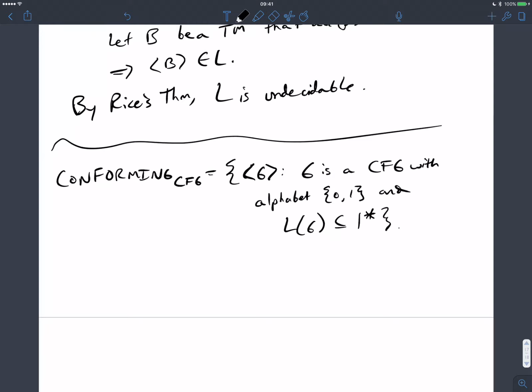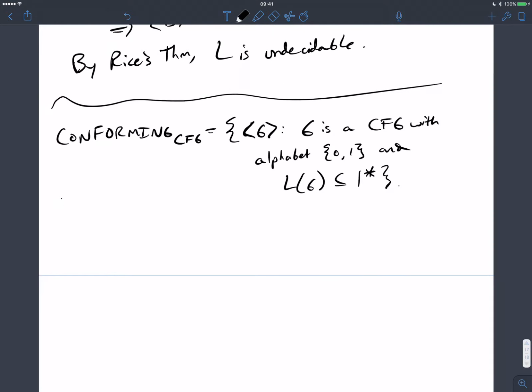Okay? So every string that it accepts has only ones in them. Okay? And I claim that this is decidable.